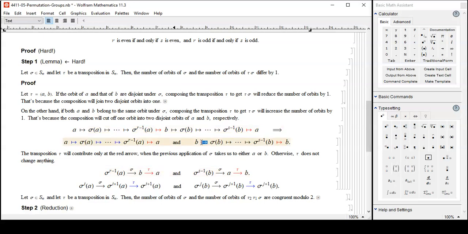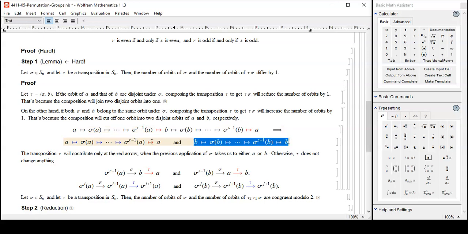Same thing here, B to sigma of B and sigma squared of B and so on and so forth. None of them are affected by tau, but at the very last moment, when it has to go to A, tau kicks in and sends it back to B only, so we have only this part. So red arrows are just cut off.